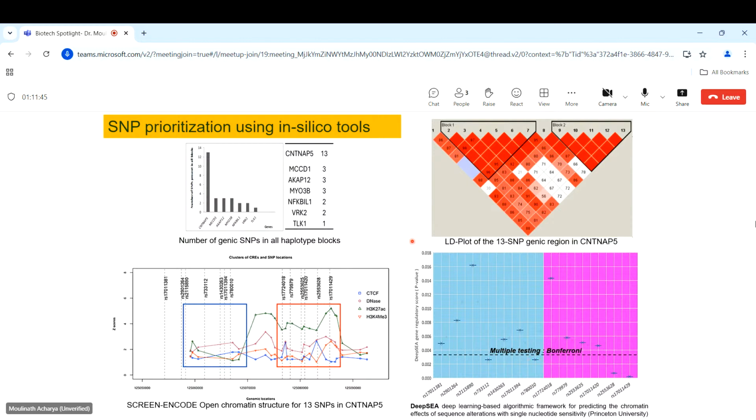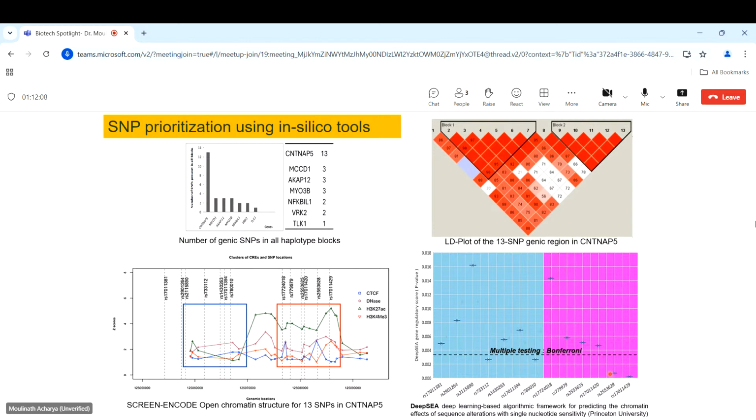And the haplotype block structure that was there in the LD plot shows the same structure in the DeepSEA database also. And there are these red blocks, those SNPs that are really having effects on this, okay?